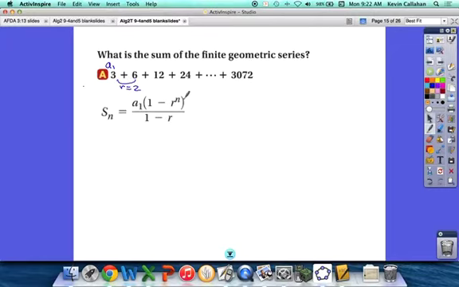So again, we're going to have to take this last term and set it equal to, use this formula for an. An equals a1 r to the n minus 1. We're going to have to use that to figure out how many terms we had in our sequence. The first term was 3. The r was 2.